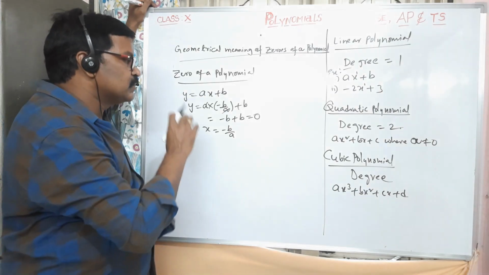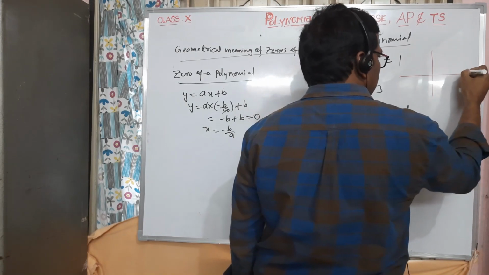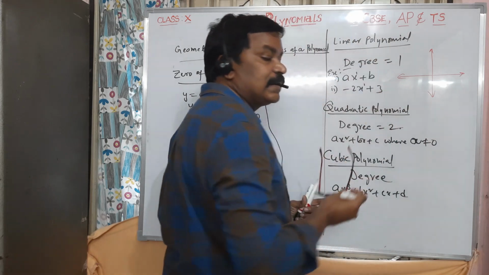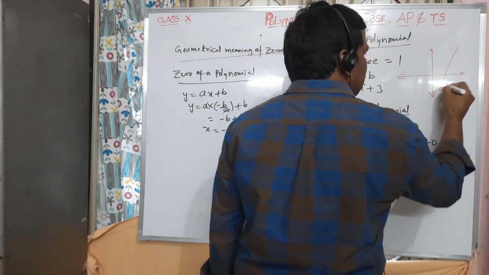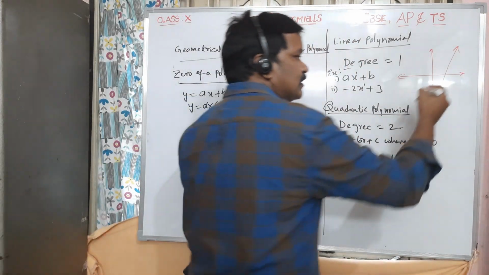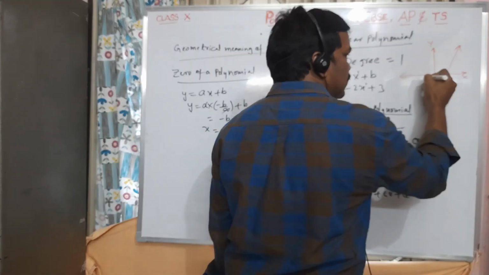Understand, children? The graph of a linear polynomial is a straight line. It intersects the x-axis at exactly one point, like this. As you know, this is the x-axis, y-axis.